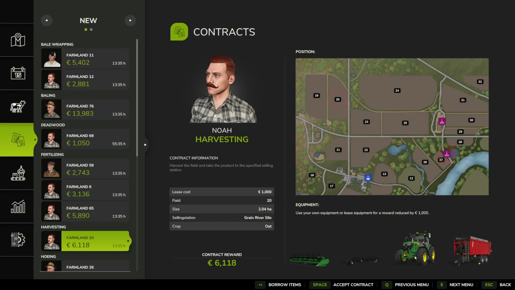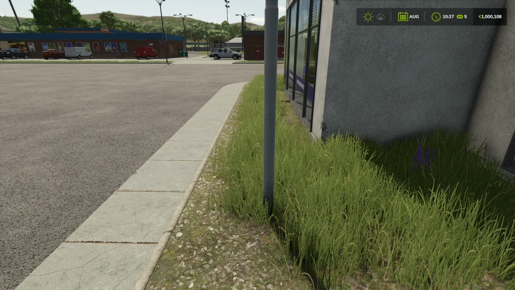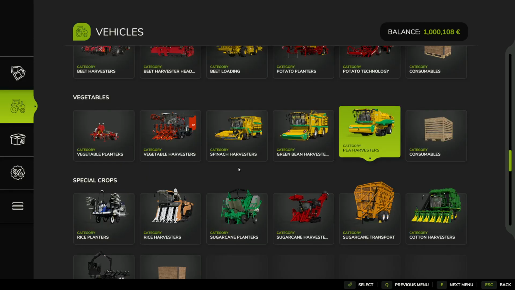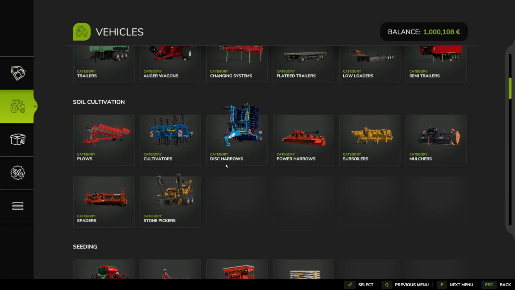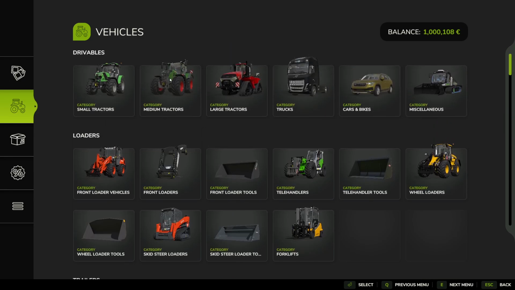Let's just take this John Deere tractor, or one in this region, and have a look how much we would need to pay for renting it here through the shop.